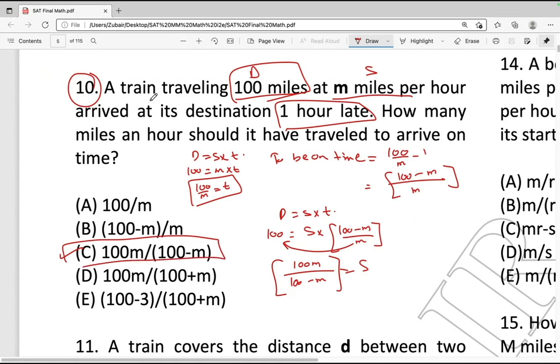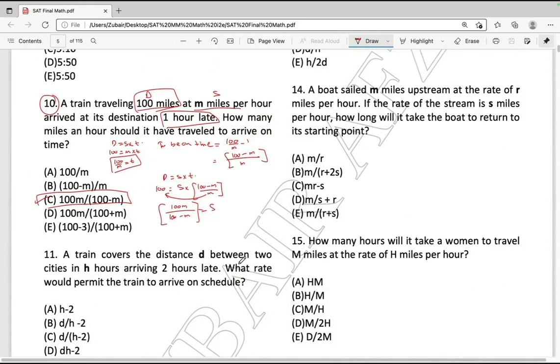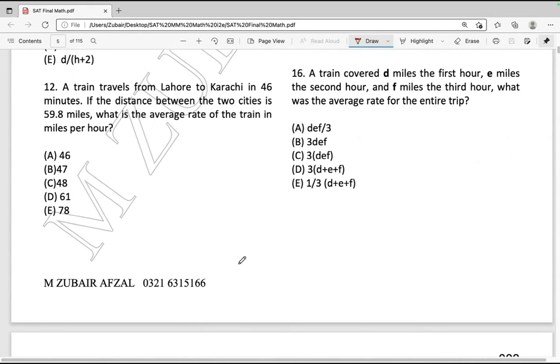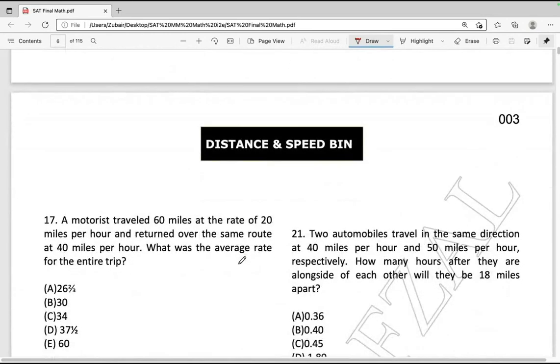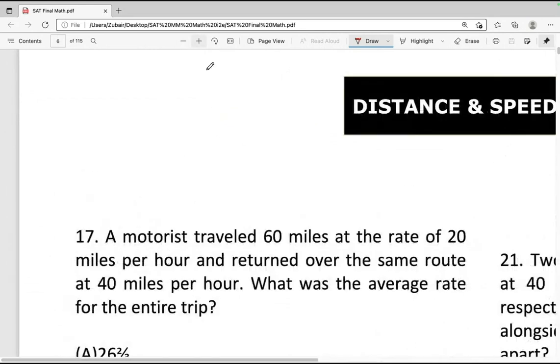Clear, Mohammed? Yeah, sir. Try number 17.